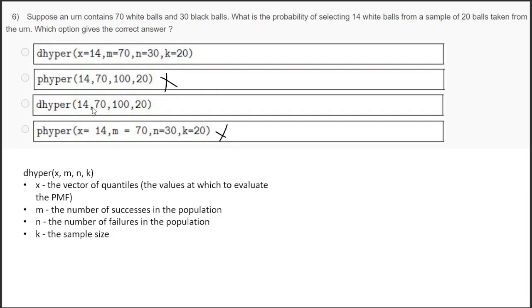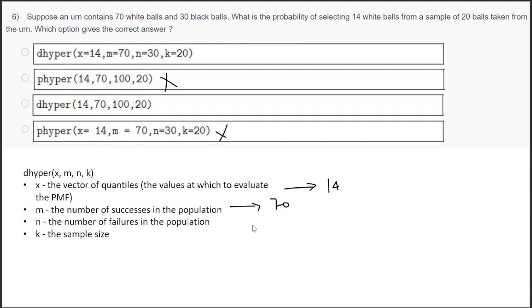Now if you see here, in the dhyper syntax, X is the value at which to evaluate the PMF. So here, what is the probability of selecting 14 white balls? So 14 is the X value. Then m is the number of successes in the population. So here 70 is the success, 70 white balls can become a success.